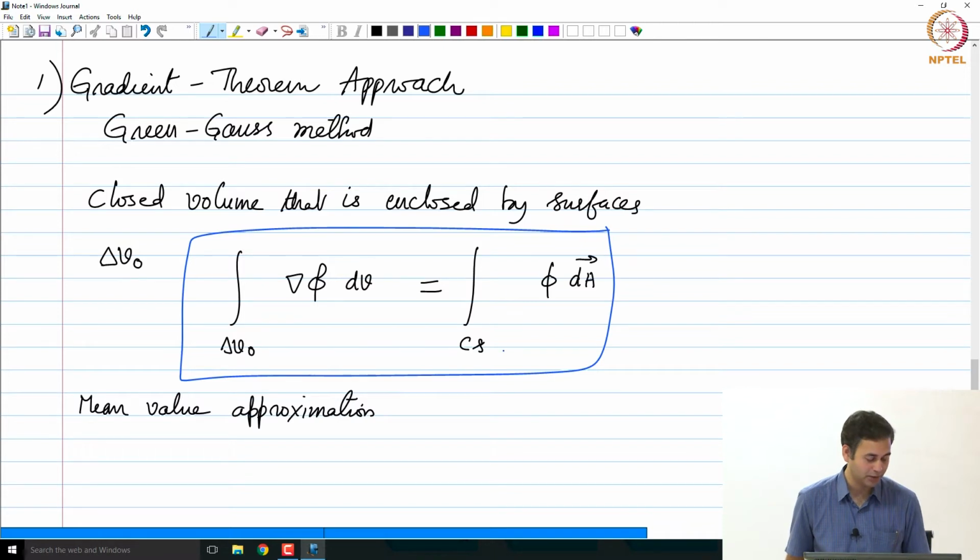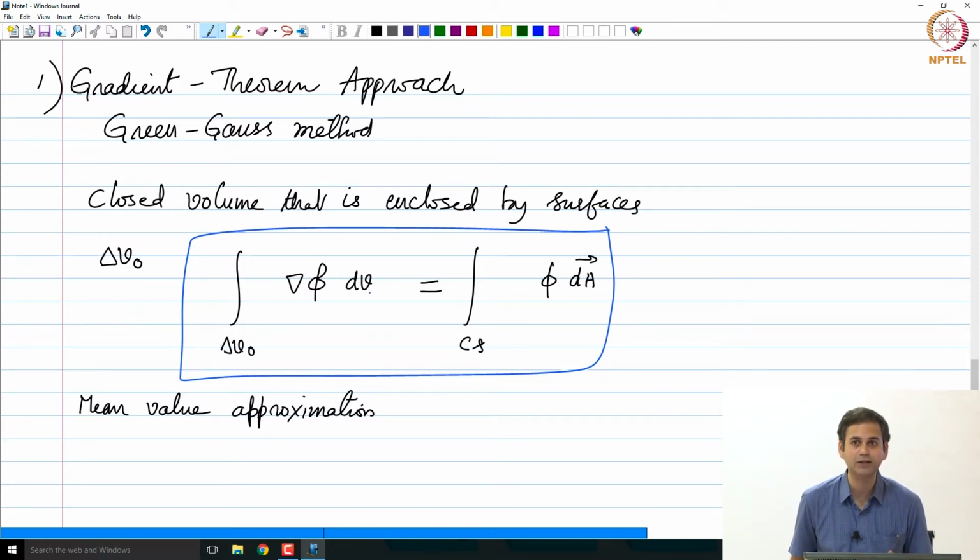That is what the theorem says. Now, if I use a mean value approximation and say that grad phi at the cell centroid is representative of the entire cell, and grad phi remains constant inside the particular cell, can I rewrite this integral into something else?